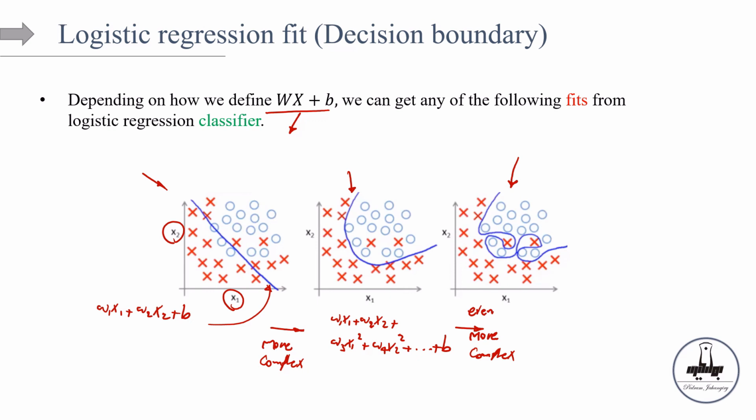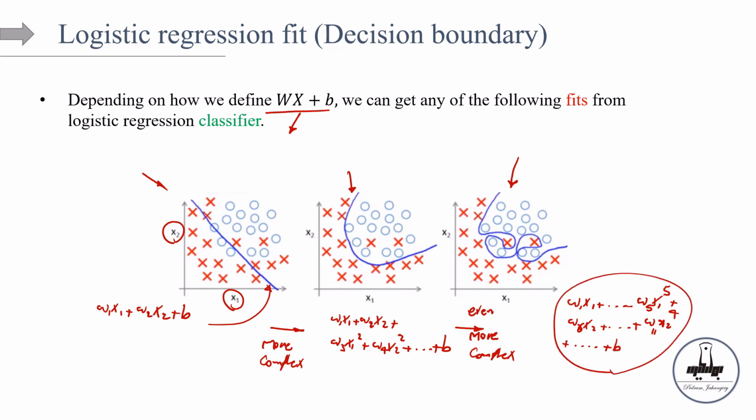For example, we have W1 x1 plus, let's say, W5 x1 to the power of 5, W6 x2 plus, maybe W11 x2 to the power of 4, and we add the interactions and so on. So this model is unnecessarily complex, and as you can see, it's overfitting.